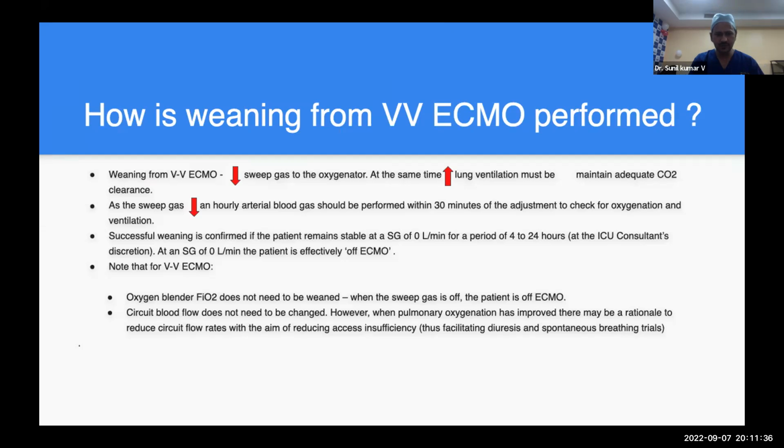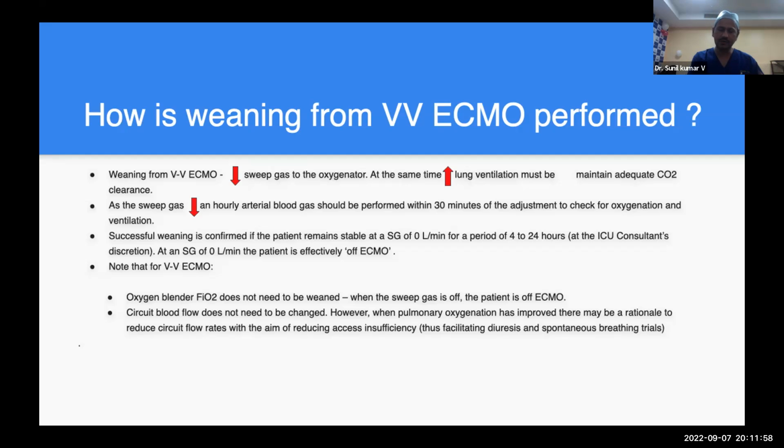So successful weaning is confirmed if the patient remains stable at a sweep gas of about 0 liters per minute. I repeat, a sweep gas of about 0 liters per minute for a period of 4 to 24 hours. And there is consultant discretion as well.